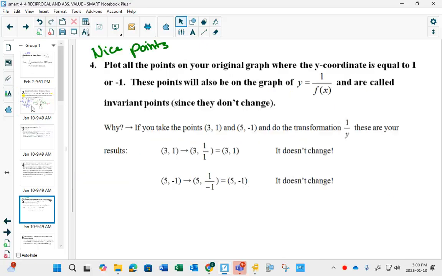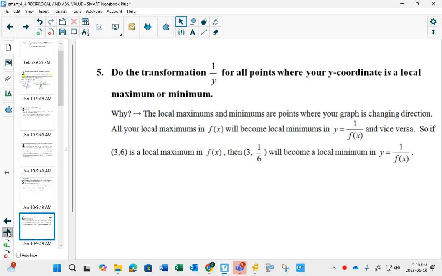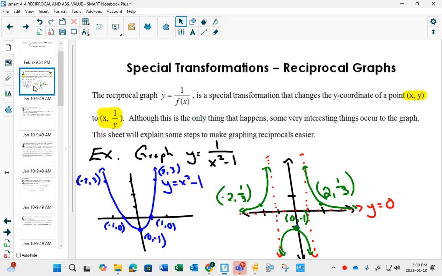In steps 4 and 5, I talk about specific nice points. For example, does it make sense that if your y value is either 1 or -1, when you do 1 over that, it stays the same, which is called an invariant point, a point that doesn't change, okay? You don't always have to label invariant points. You can if you like. But anytime the y value is 1 or -1, it would stay the same. You can also notice that wherever you previously had a minimum, so you see how this vertex here is a minimum?